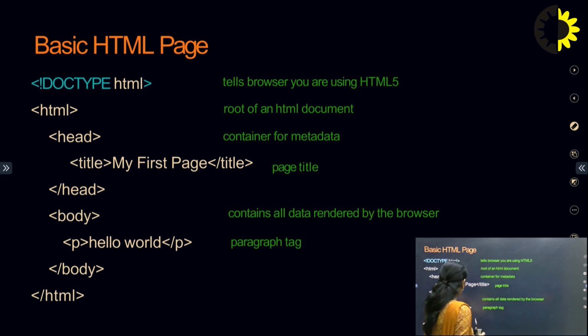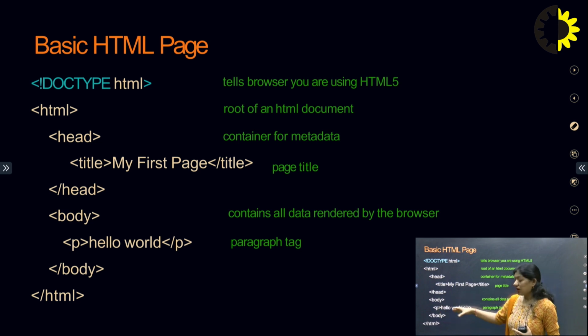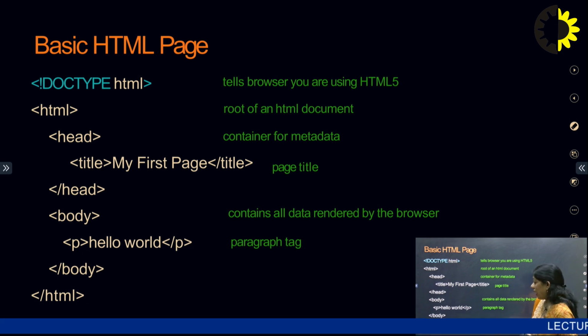In body we use a paragraph tag, and in the paragraph tag I write hello world. The title contains the page title which we show in the web page, and the body tag contains all the data rendered by the browser. This is P, a paragraph tag, and here the body tag closes and the HTML tag closes.